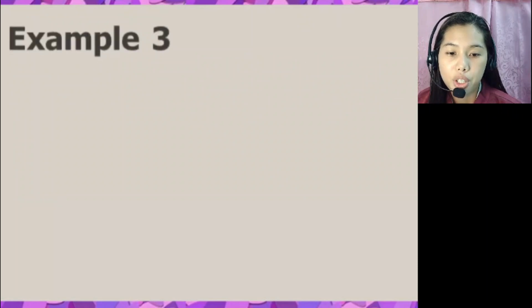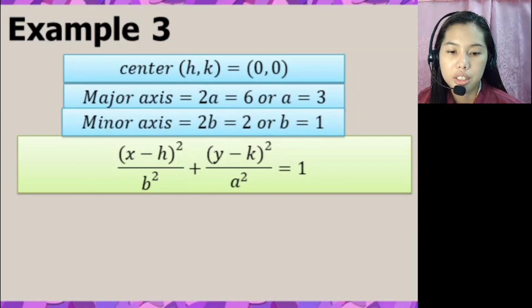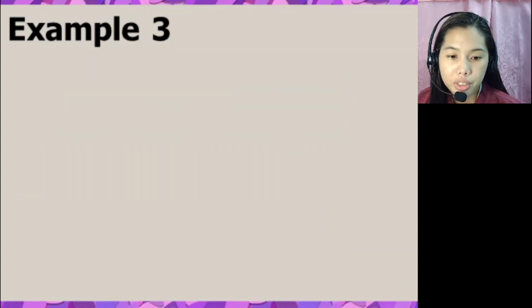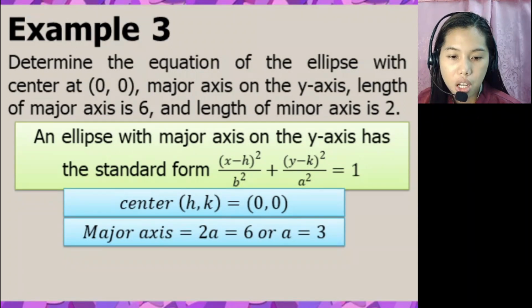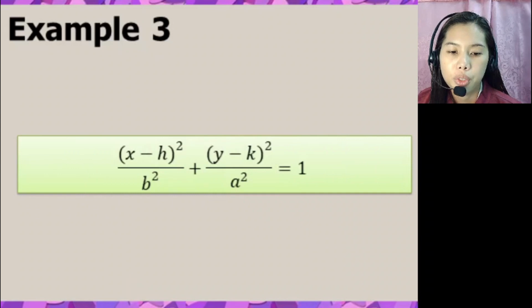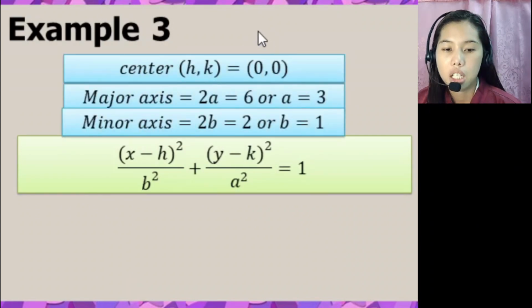So you solve for c then. Actually, we won't be solving for c because all we have to do is determine the equation of the ellipse. So the equation of the ellipse then is, okay, we're going to use this idea. We have our a and b already.